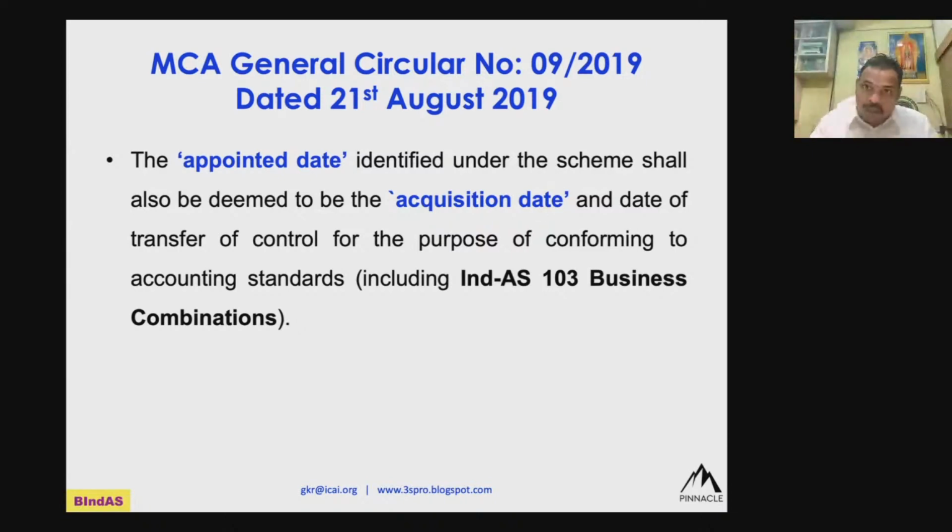MCA Circular number 9/2019 is a circular that bridges both these terminologies. It says the appointed date under the scheme of amalgamation, scheme of merger, okay, shall also be deemed to be the acquisition date and date of transfer of control for the purpose of conforming to accounting standards, including Ind AS 103 business combination. So therefore, this appointed date is called the acquisition date.